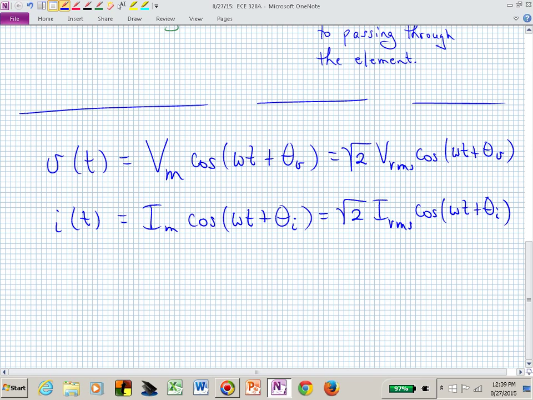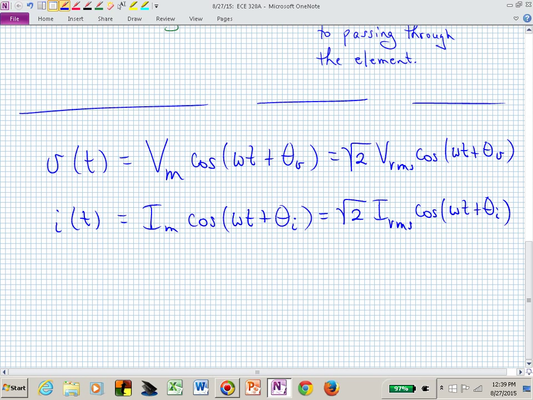You don't want to mix sine and cosine and angles. You want to convert them both to cosines and then start comparing or subtracting the angles. We now have these two cosines at the same frequency, omega. They are just shifted in time relative to each other because of this phase shift.